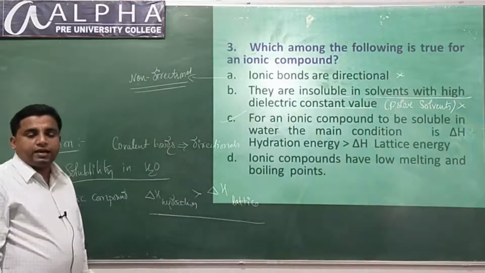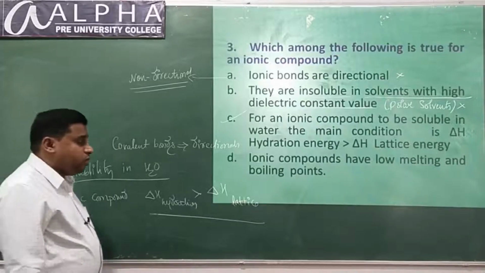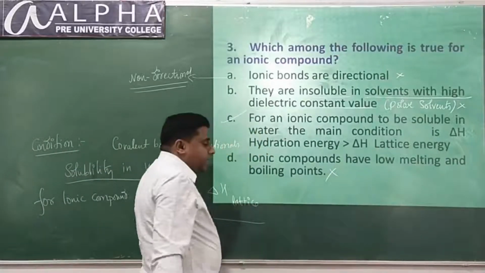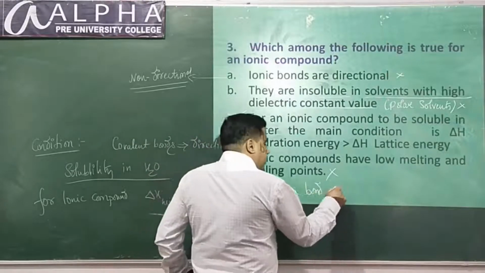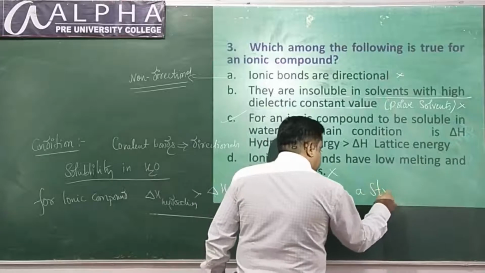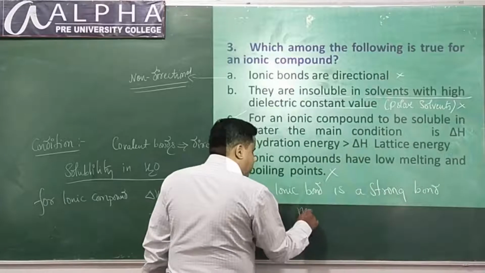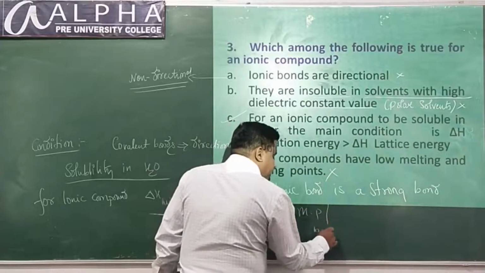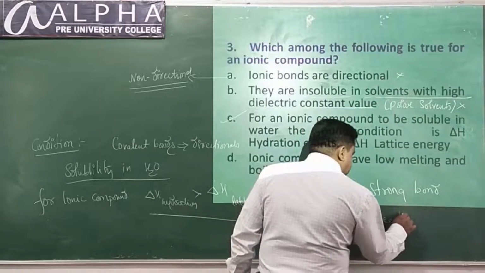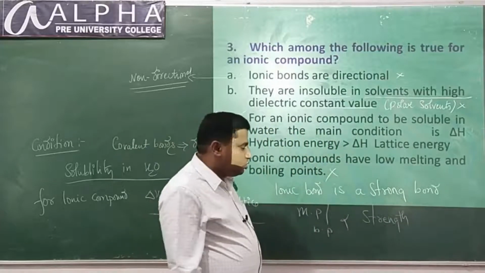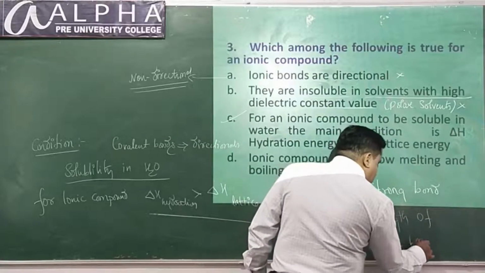Now, the last option: ionic compounds have low melting point and boiling point. No, it is absolutely wrong. Ionic bond is a strong bond, and we know melting point or boiling point is directly proportional to the strength of the bond.